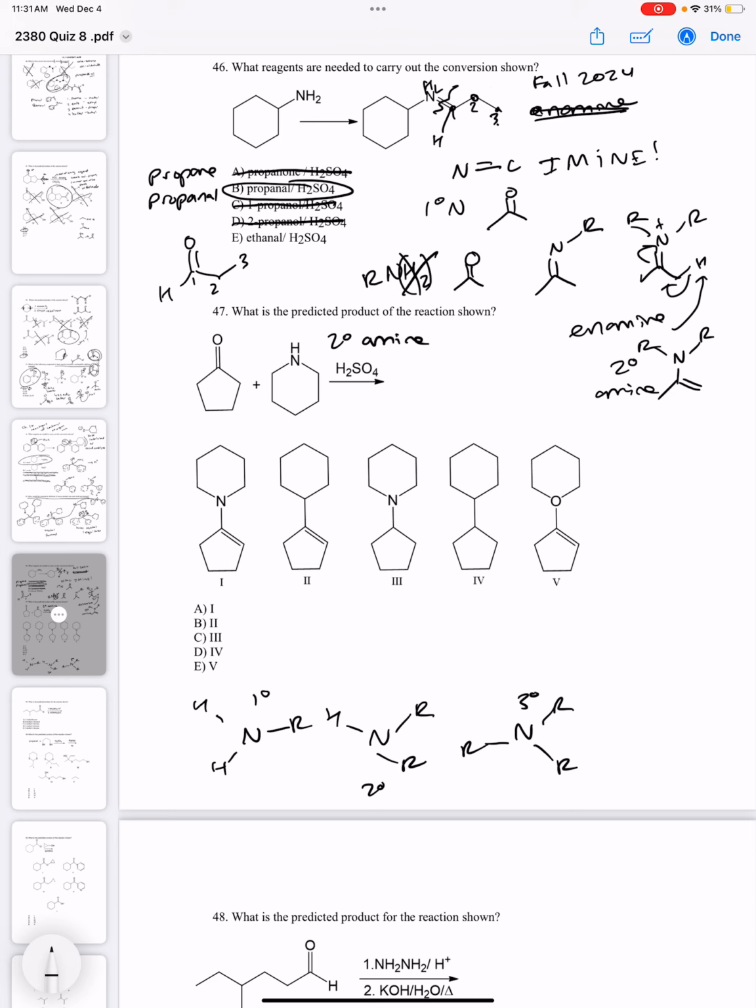If it were to have made an imine, hopefully you know that the intermediate is the nitrogen double bonded to whatever, like this basically gets replaced with the nitrogen and whatever its R groups are. So there's a five-membered ring with a carbon and the nitrogen on the other side, carbon double bonded to a nitrogen. And this is positively charged.